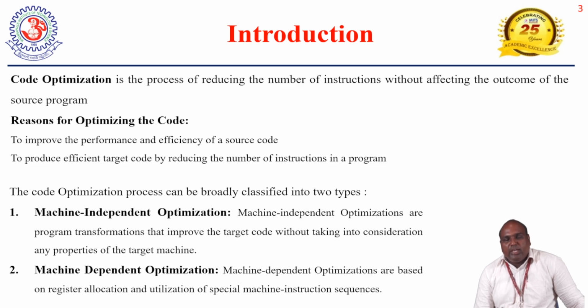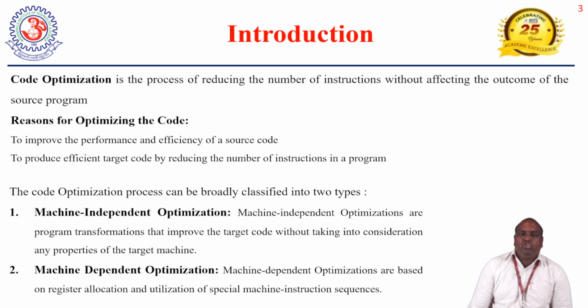Based on this time and space only, the performance and efficiency of the compiler is estimated. That's why we call it a main phase of the compiler. It comes under the sixth phase of the compiler, code optimization. It takes intermediate code as input and produces executable code as output.